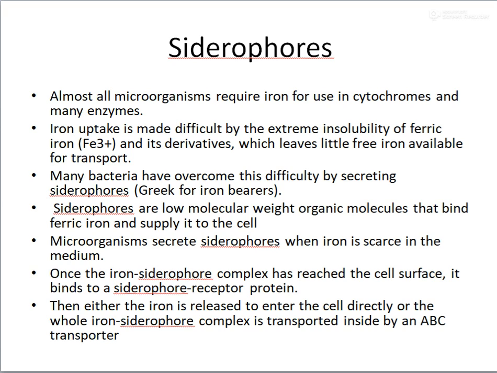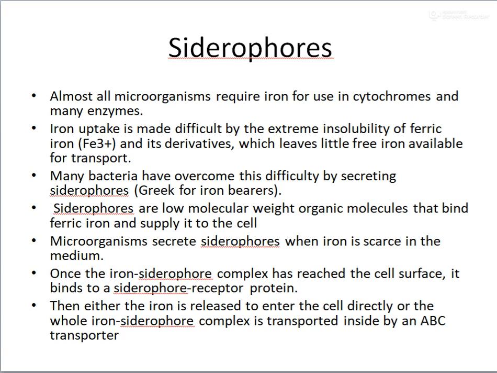If there is a deficiency of iron in the environment in which they are growing, or when iron is not available, the bacteria will produce certain siderophores, also called iron bearers. These siderophores are low molecular weight organic molecules which bind to the ferric ion and supply it to the cell. So when there is a scarcity of iron, the microorganisms will produce siderophores.